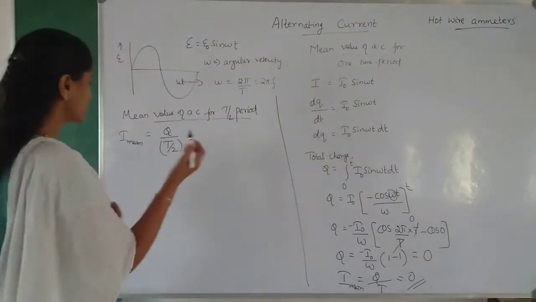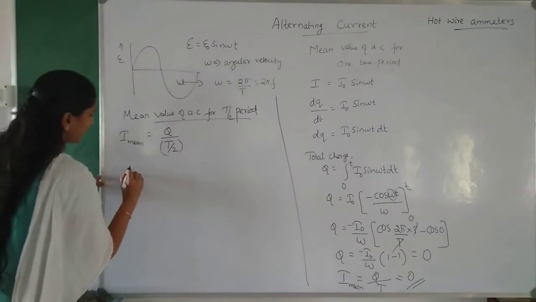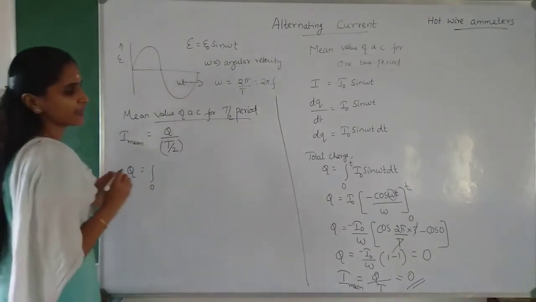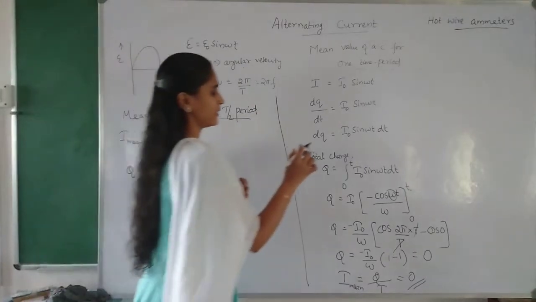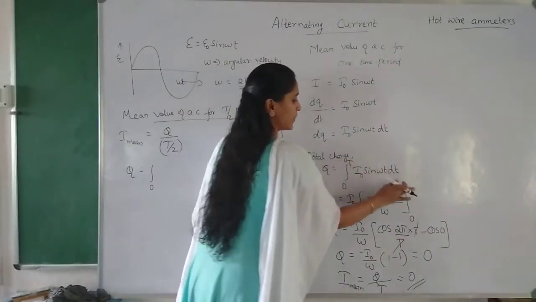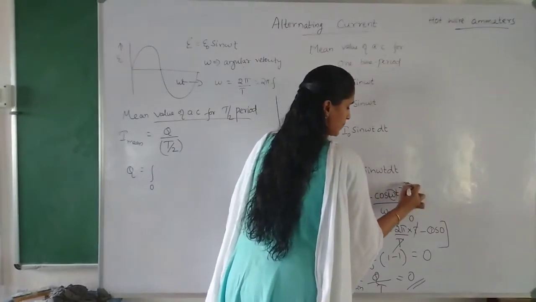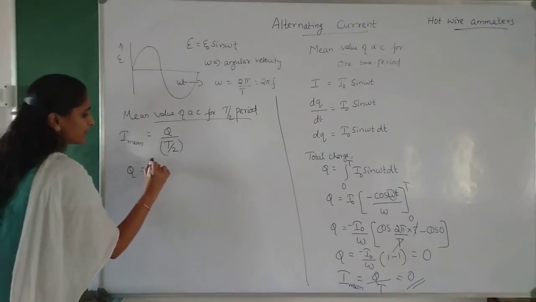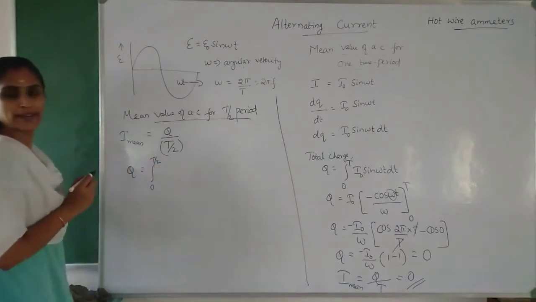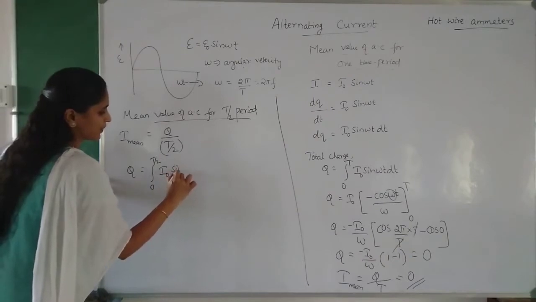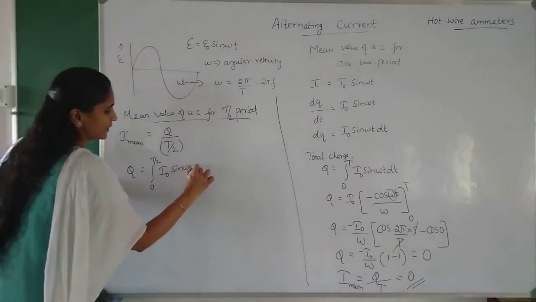All those steps are the same. So we can write q is equal to the integral, and instead of the full time period we have to write the limits 0 to T by 2, of I0 sin omega t dt.